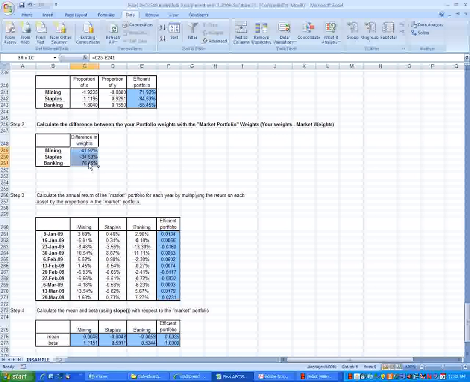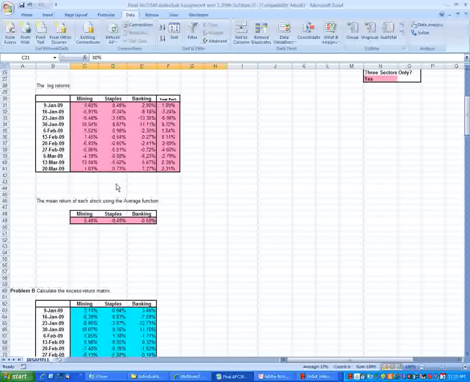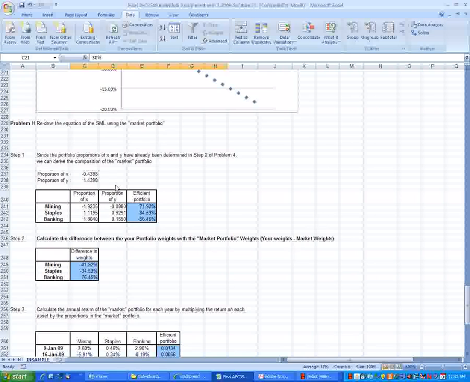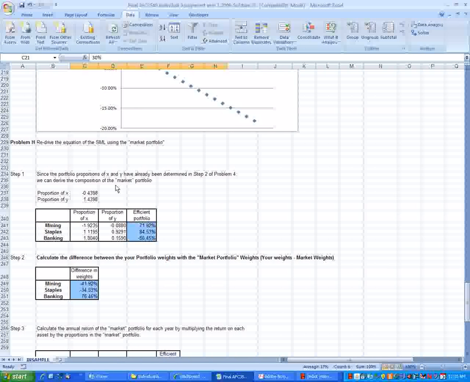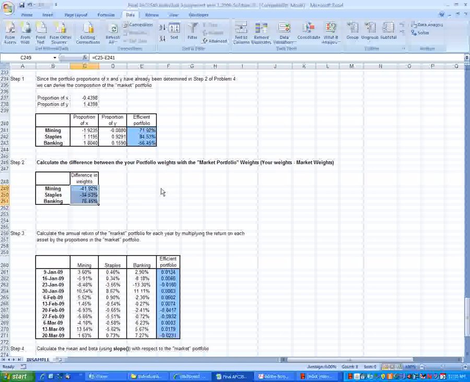And if I compare my weights from the initial investment that I made all the way up here with the weights that I'm being told I should have invested in using the capital asset pricing model and the technology that I've implemented in the earlier problems, problems A, B, C, D, E, F, G, then you can see that I have a difference, and that tells me that I really was over-invested in mining.